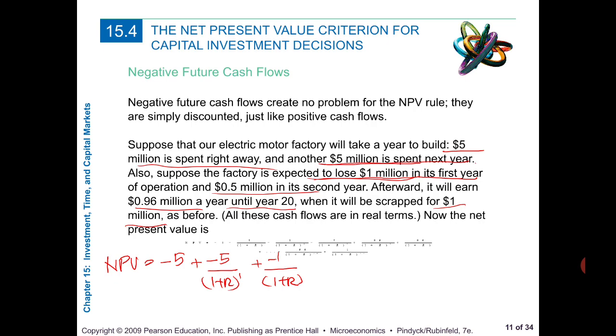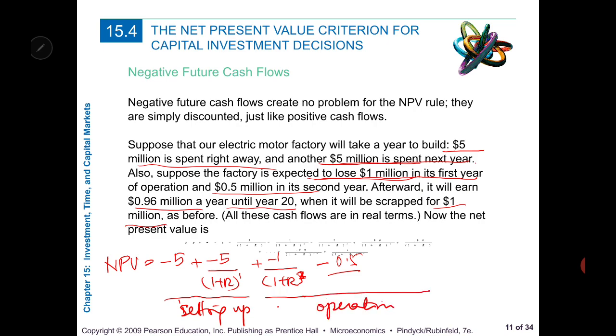Okay, in its first year of operation, and then 0.5 million in the second year of operation. This is the first year, this one. So you make 2 years of setting up, and then going onwards will be the operations. After the third year, you start making 0.96 positive.